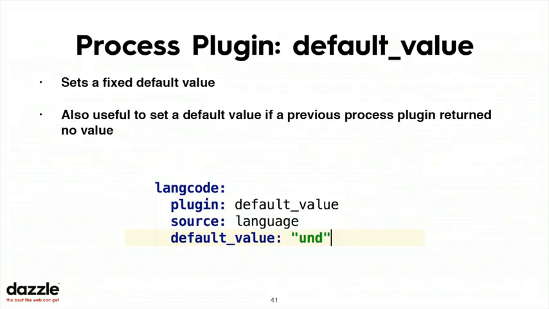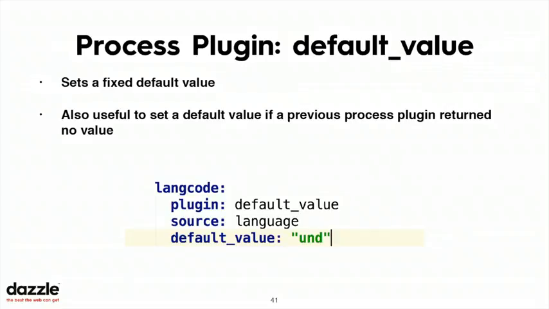So next up, there are a few examples of process plugins that are available in Drupal 8 core. I'll quickly go over a few so you can have an idea of what they do and how they look like. One is the default value process plugin, which is pretty simple. It sets a fixed default value. This is useful if you are not sure if your source data will actually contain something.